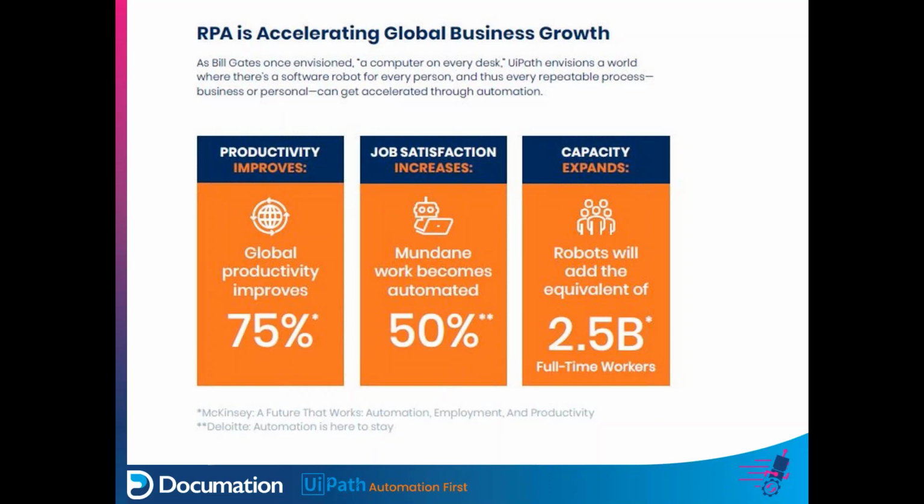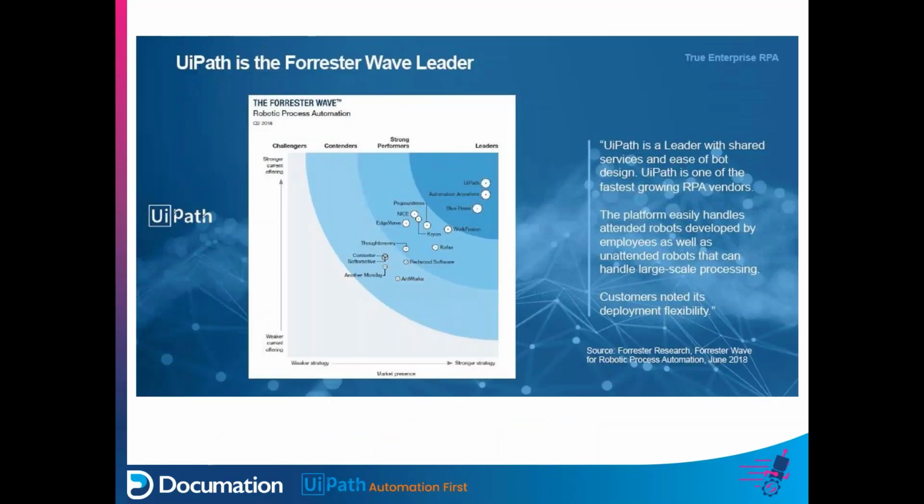So given that RPA will have such a far-reaching impact on the future of work, why Uipath in particular? We chose to work with Uipath because they're seen by independent analysts as leaders in the field, with both the strongest current offering and the strongest forward-looking strategy.